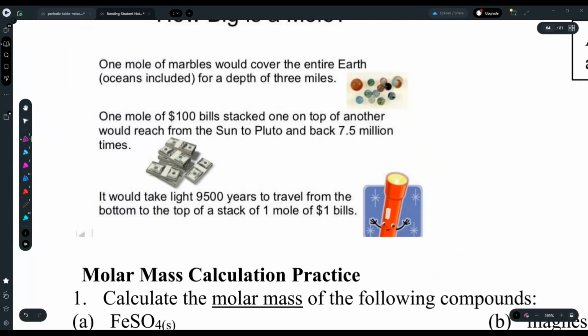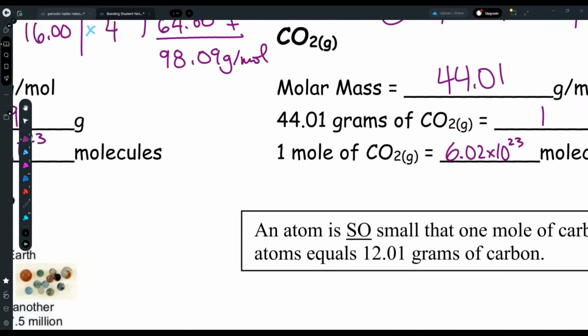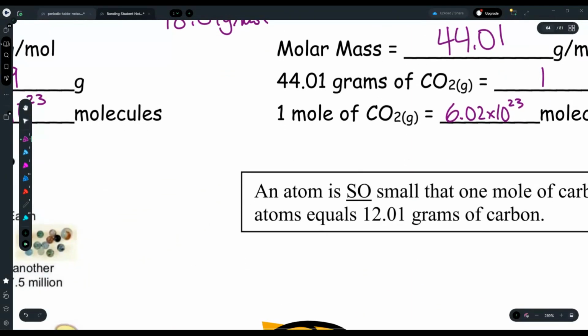Okay? And last but not least, it would take light 9,500 years to travel from the bottom to the top of a stack of 1 mole of $1 bills. So hopefully that can give you a sense of just how big Avogadro's number is, which is 6.02 times 10 to the power of 23. Okay.